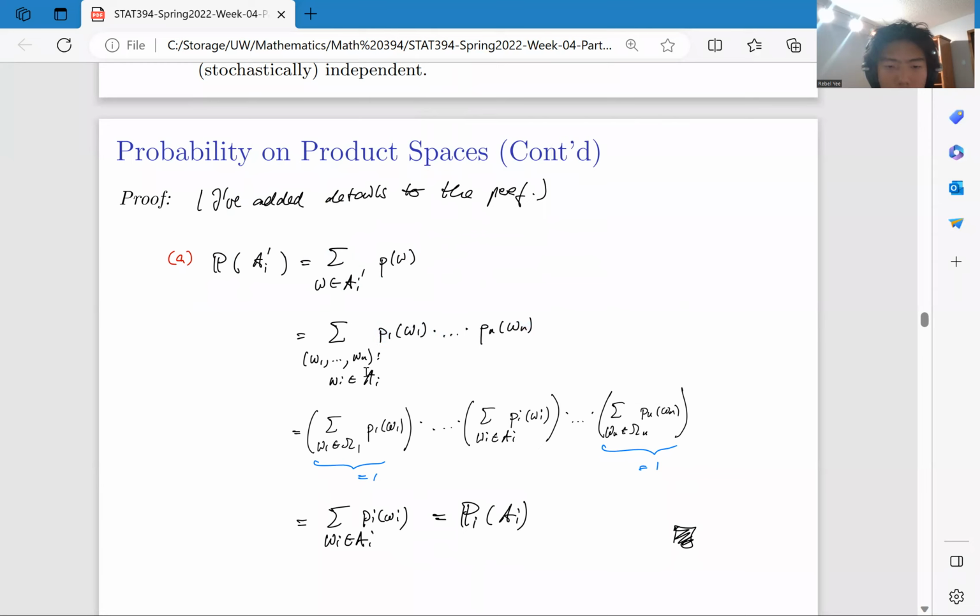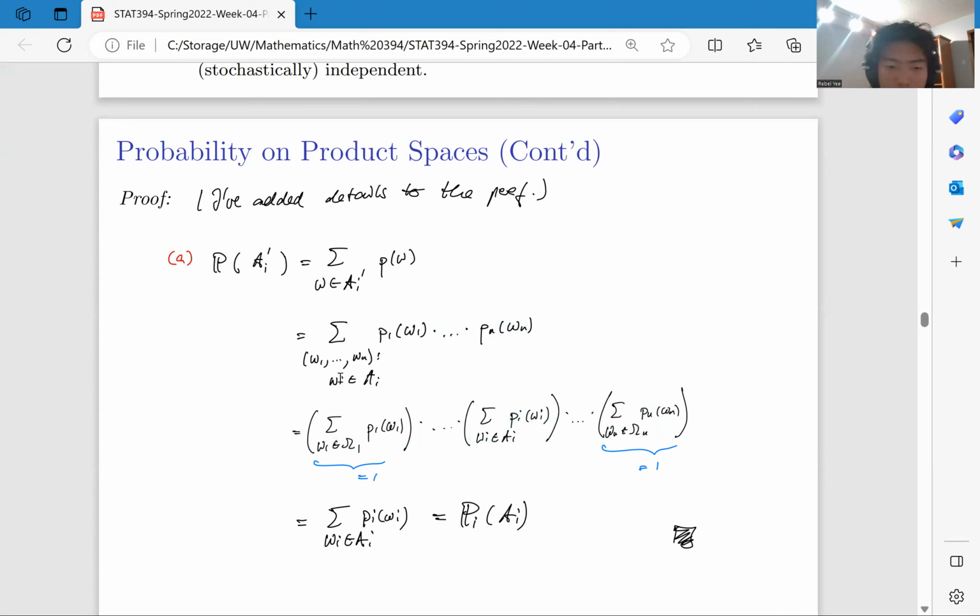For this summation over W1, W2, W3 to Wn, all of these terms have different Wi, so we can separate them into different summations and then multiply them together. This will not change the value of the original formula.